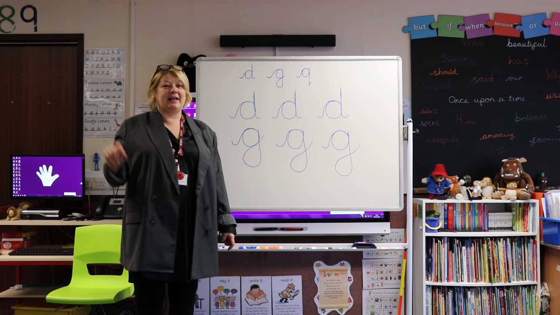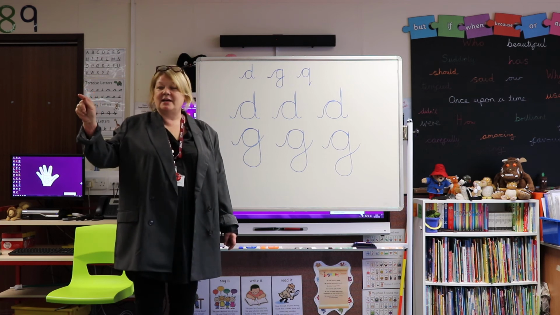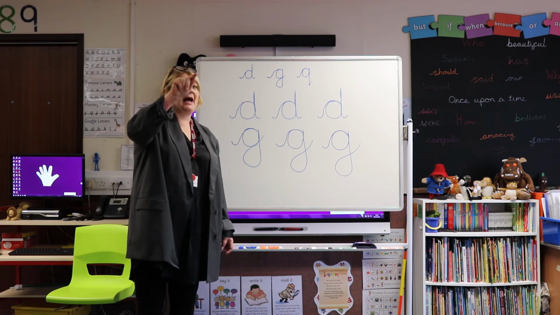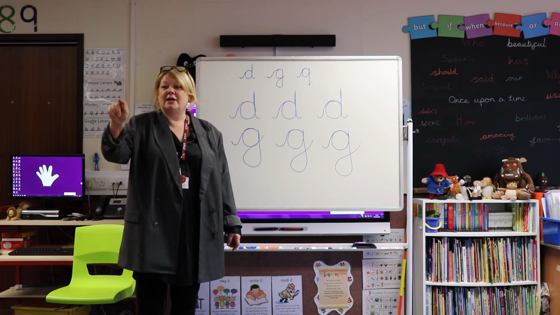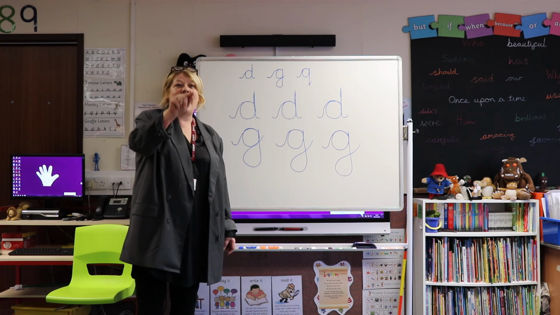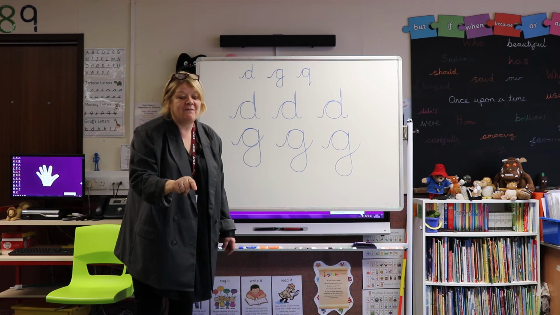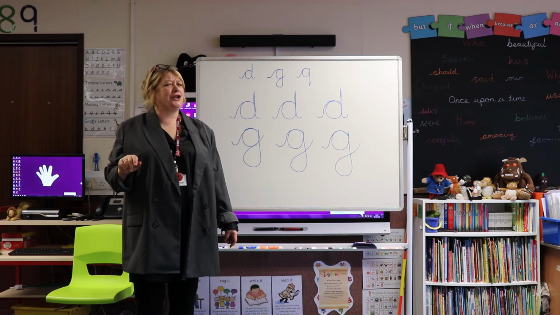Quite like saying flick, so let's try it again, starting in the same place, all the way to 2 o'clock, back to 10 o'clock, keep on going, it looks like an A, but it's going down below the line and a flick, ready to join to the U.